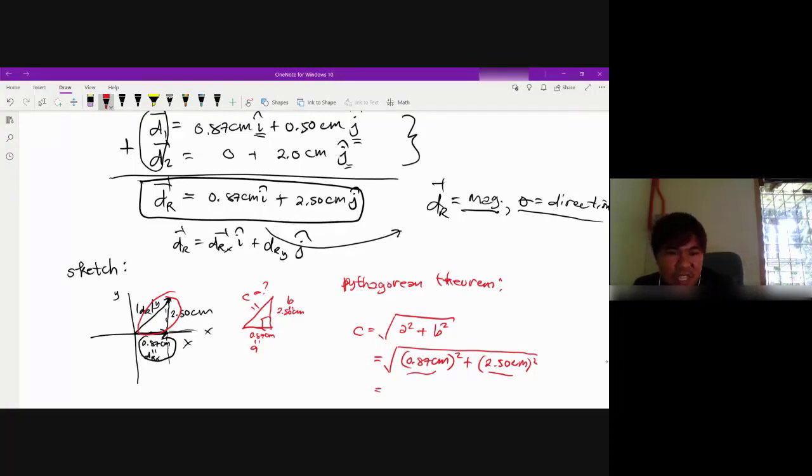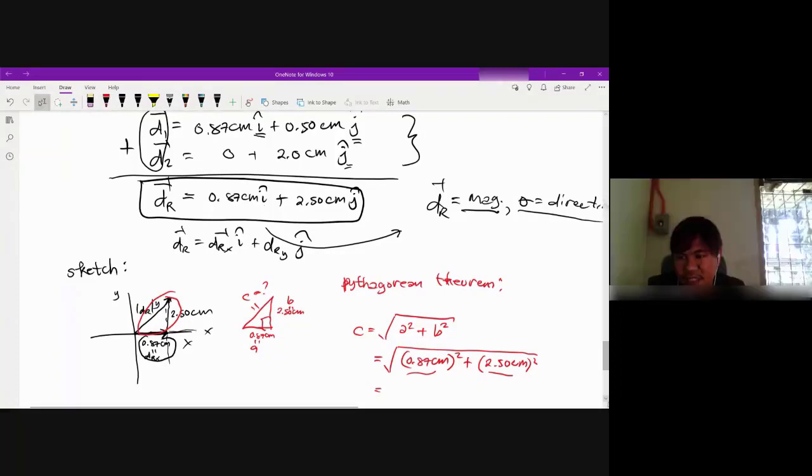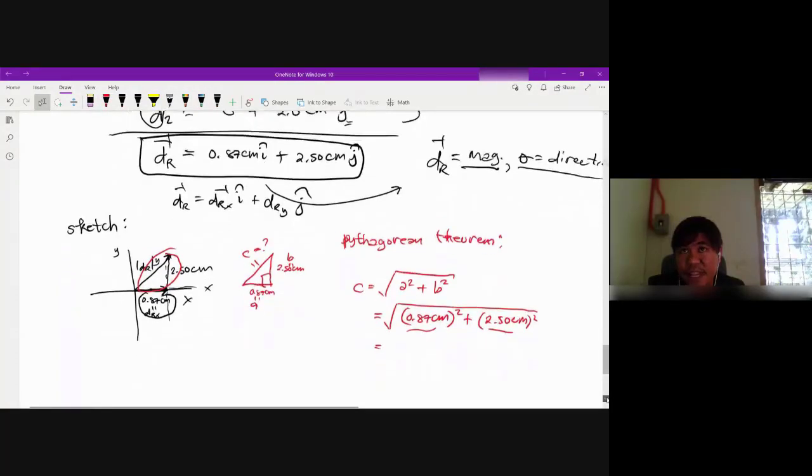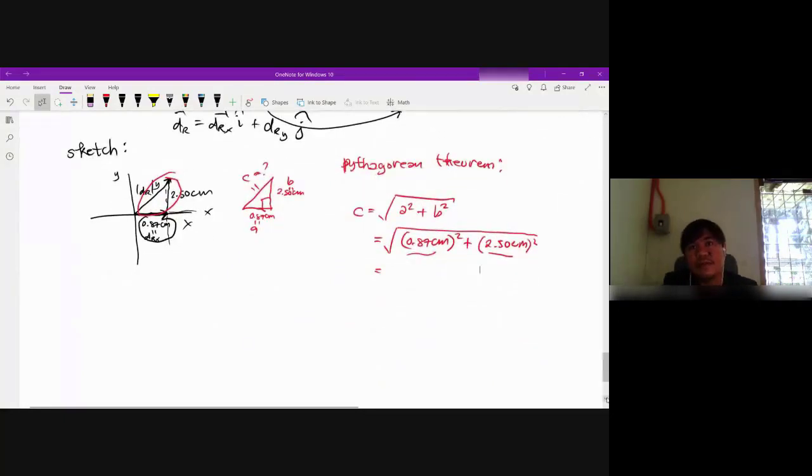That is your C. What did you get, class? 2.70, says Risa. So this is 2.70 cm.